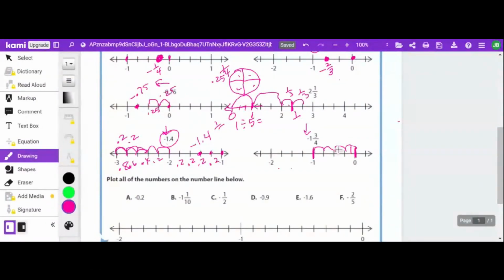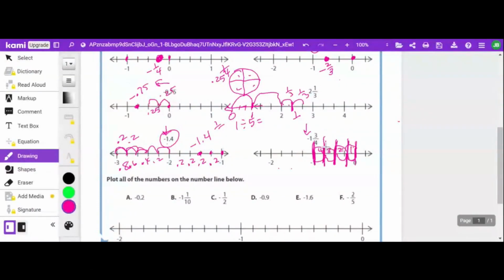There are 4 chunks. We're dealing with fractions this time, so how much is each chunk if we have 4 equal chunks? How much is each of these chunks if we have 4 that are all equal? This chunk, this one, and this one.